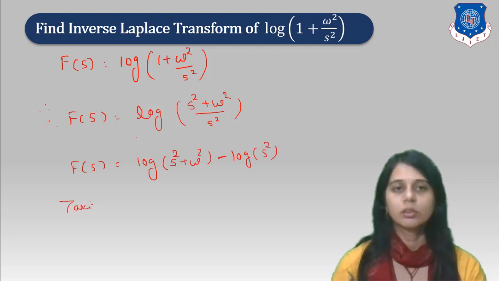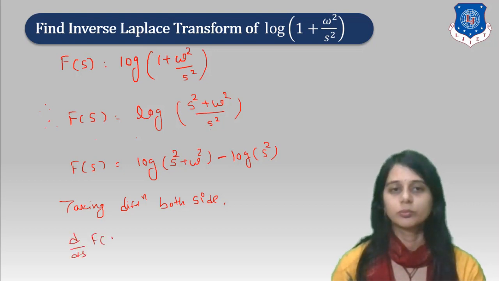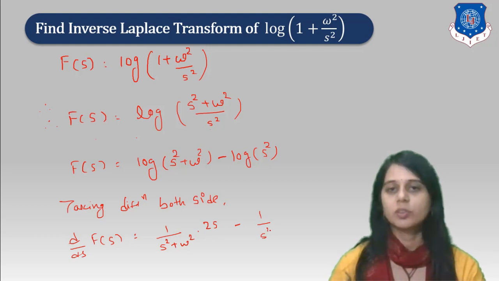Taking differentiation on both sides, we get one upon s square plus omega square into 2s, minus 1 upon s square into 2s.